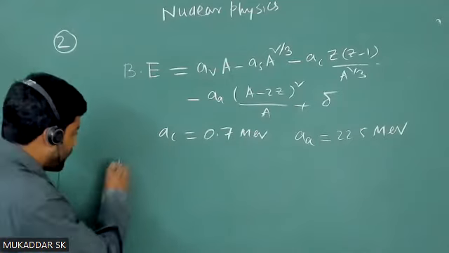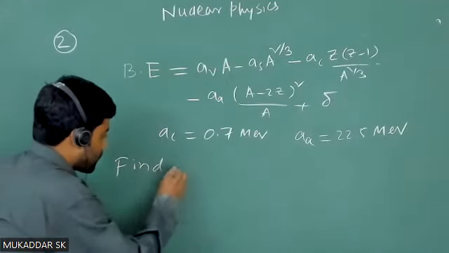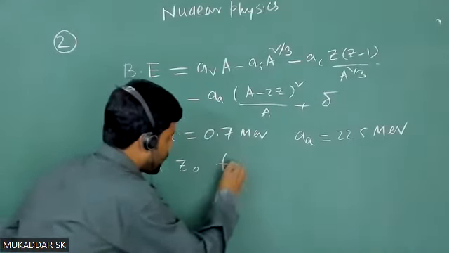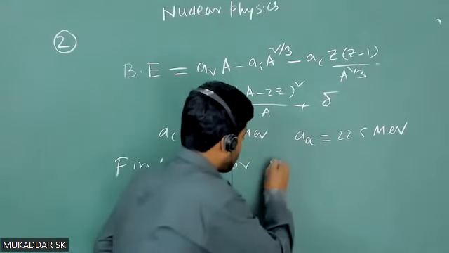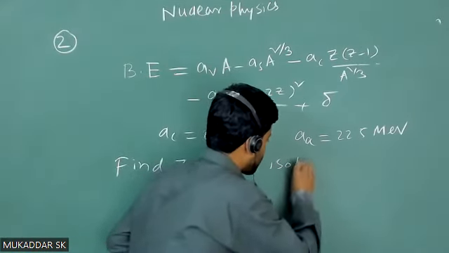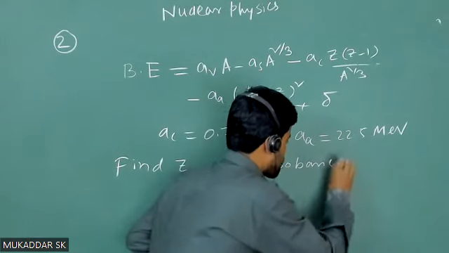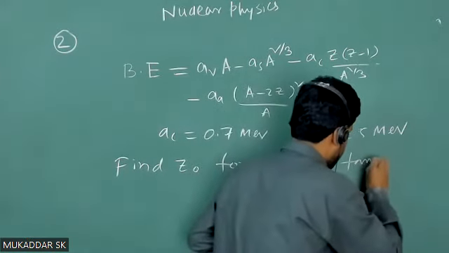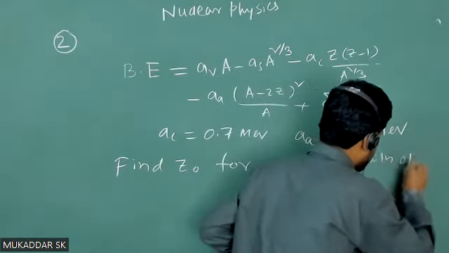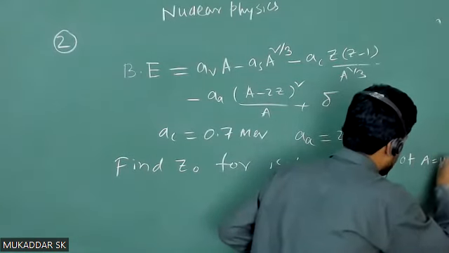And they ask you to find Z naught for the isobaric family of mass number A equals 125.